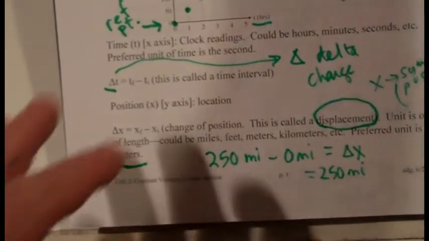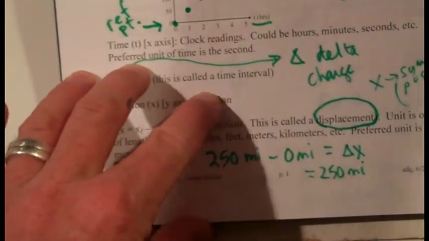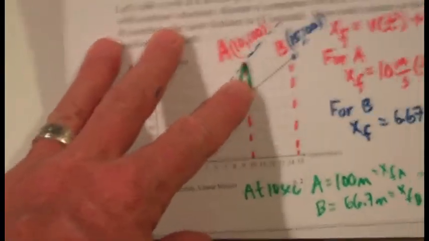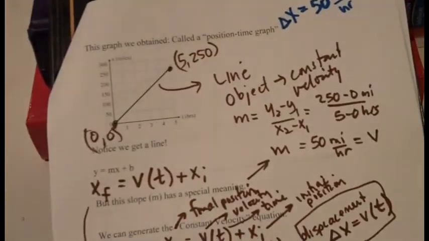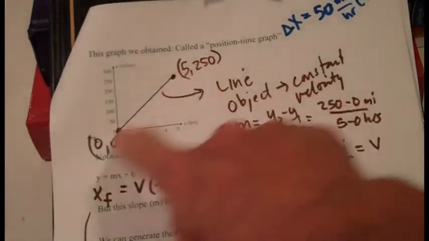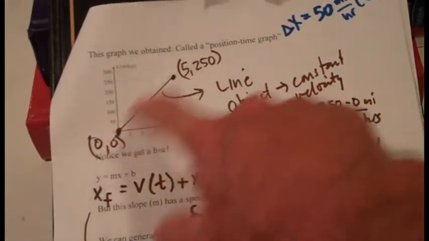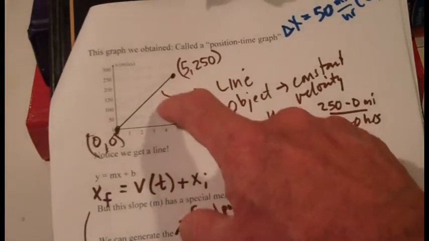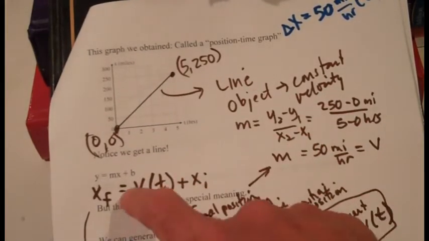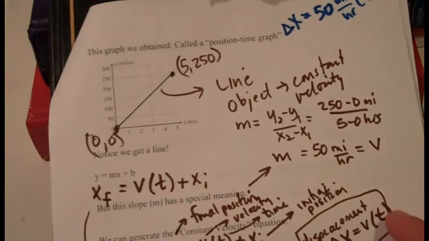Now let's go on to page 2. I've got this tape here, and I'm taping my notes down as I talk. The important thing about the graph is that if we have a line, it means objects are moving at constant velocity. When we have a line, we can get the slope and the constant velocity equation.